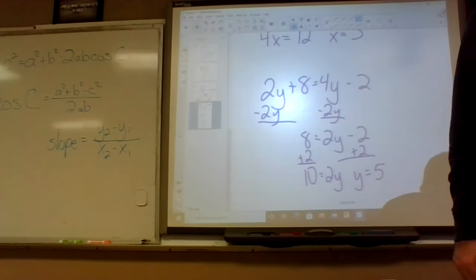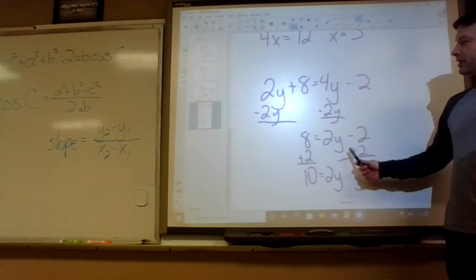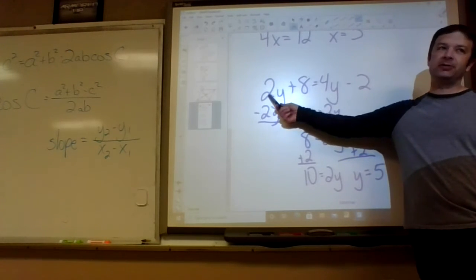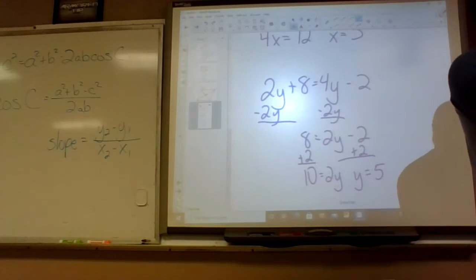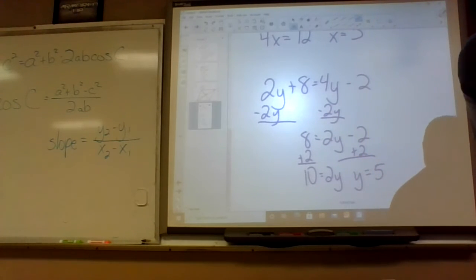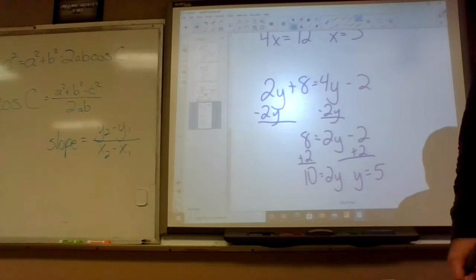Okay, y is 5. If y is 5, how long is one of the diagonals? 18. But in the problem it says we're looking for QT, which if you look at the picture is half of the diagonal. So if the whole diagonal is 18, then QT is 9.